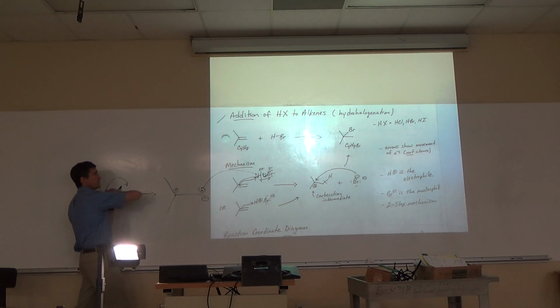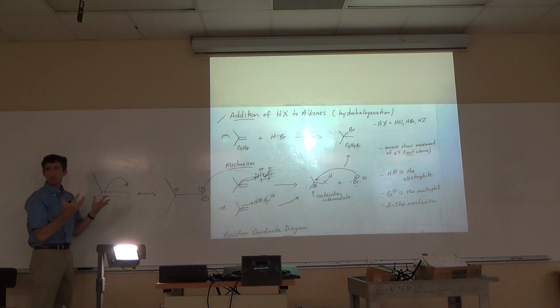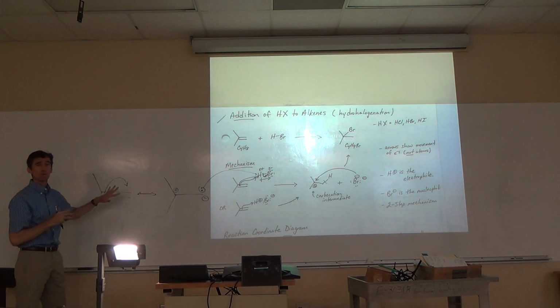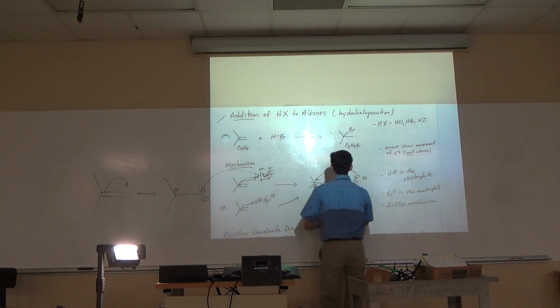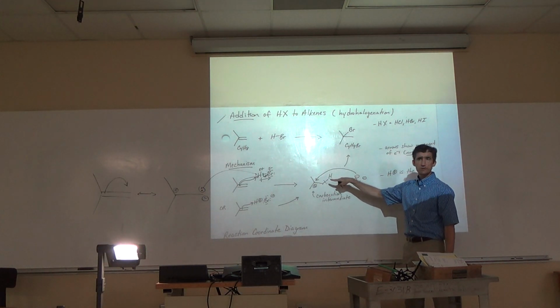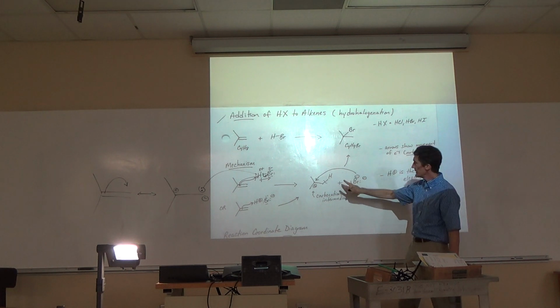The electrons are just moving to bond to the H all in one step, at least on the board. All in one movement on the board, okay? Alright, we'll do this over and over and over. You can digest it, you can ask questions, okay?